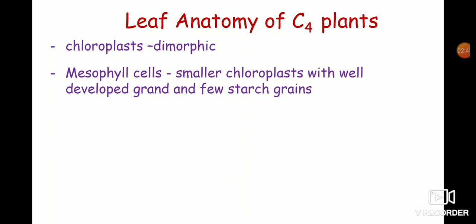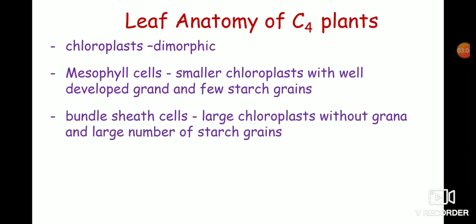The chloroplasts in C4 leaves are dimorphic, that is, they show two morphologically different chloroplasts. The mesophyll cells have smaller chloroplasts with well developed grana and few starch grains, whereas the bundle sheath cells have large chloroplasts without grana and a large number of starch grains.